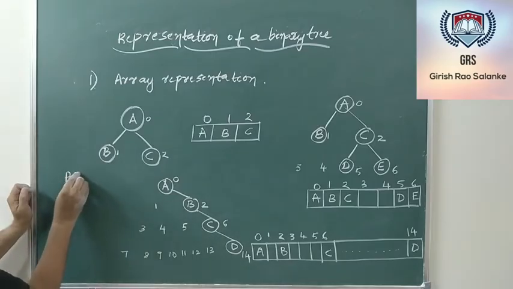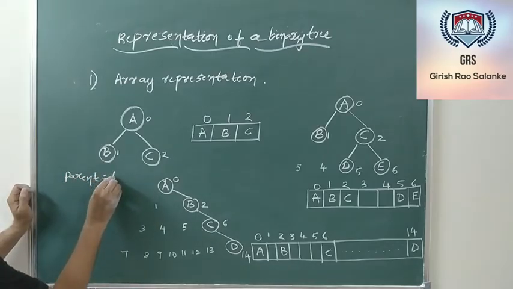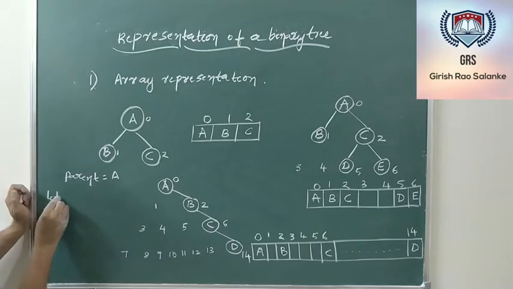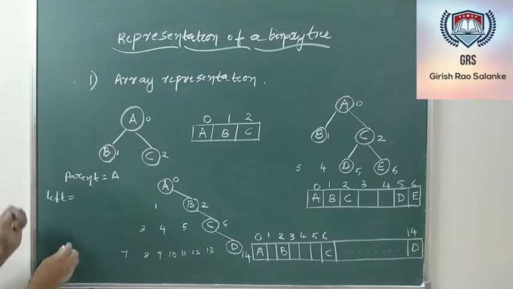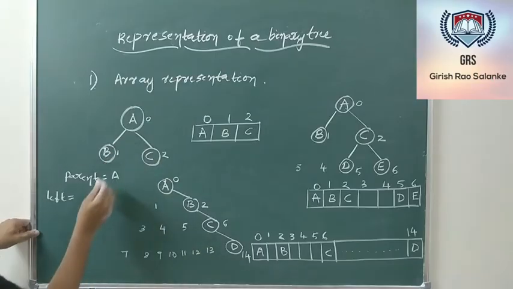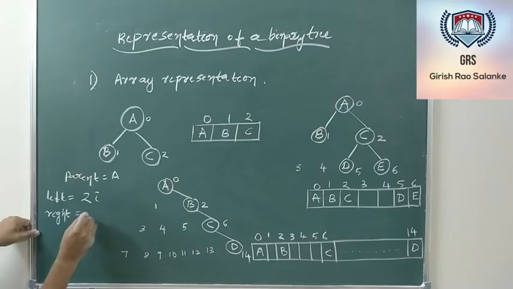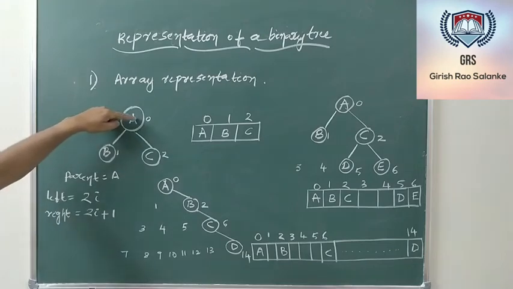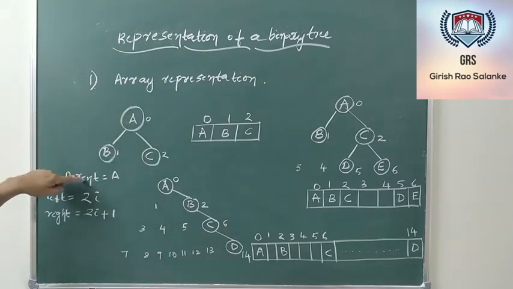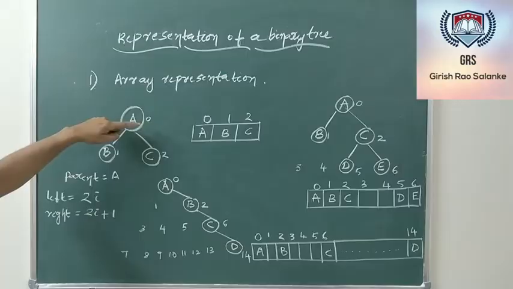If I assume that the parent is A, then the left child can be obtained with 2i, and the right child can be obtained with 2i plus 1.